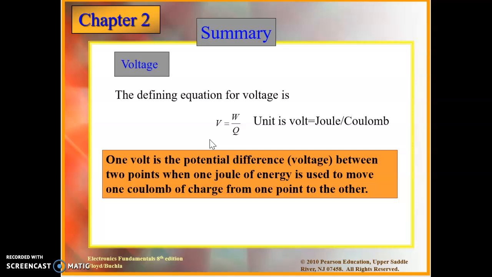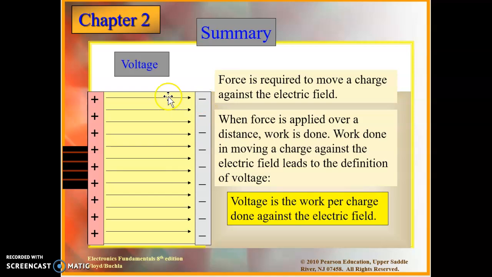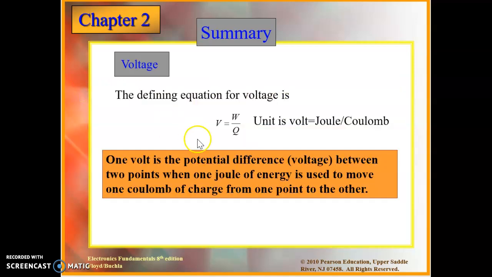Voltage is the potential difference between 2 points. Right here in the previous picture, we have a potential difference between this point and that point. What it says is that the work it takes us to move 1 electron from the negative to the positive, which is against the electric field, is going to define voltage.